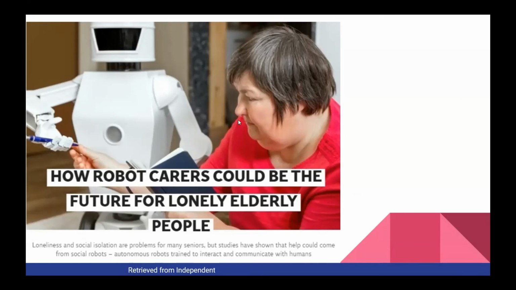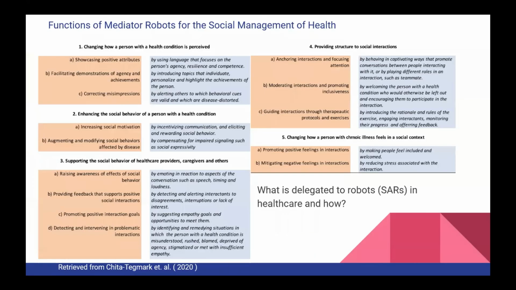In the study of Cheetah Tegmark, we can see that they classified the actions of mediator robots for social management of health into five main actions.